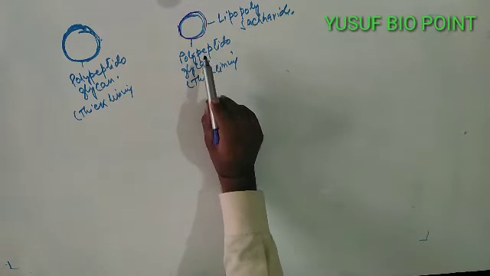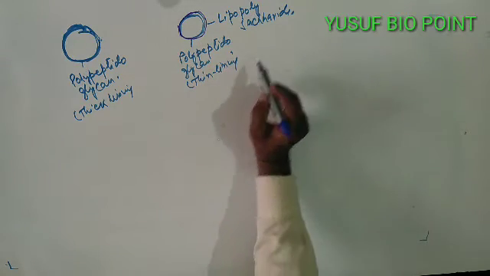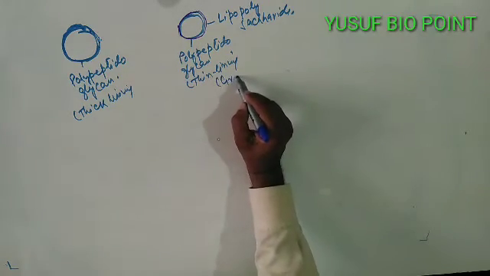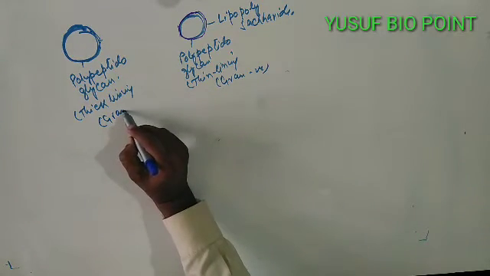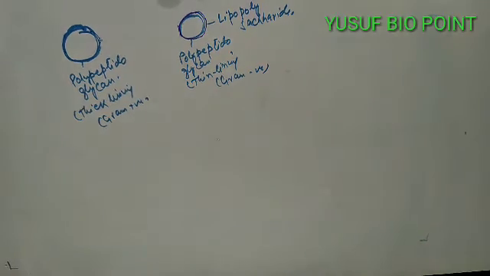So those are called gram positive, and the others are called gram negative. Due to these reasons, some take color and some do not.